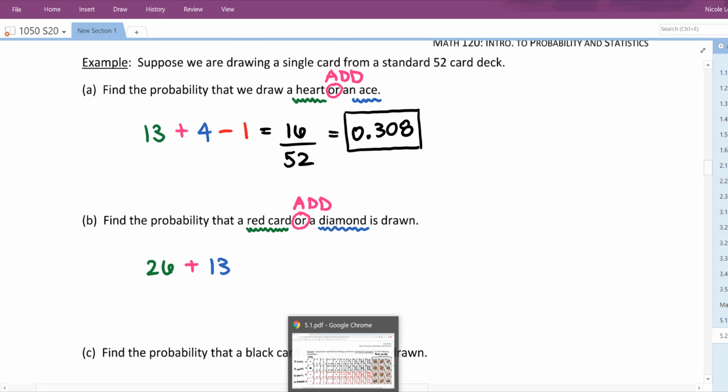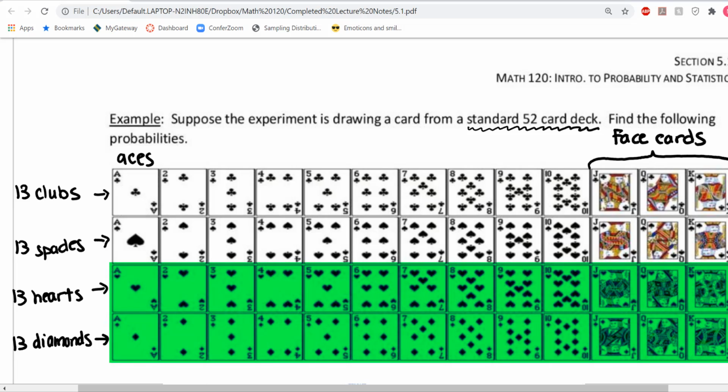If I go back to our picture, you can see that there is an overlap. There are cards that they have in common, and the cards that we double counted were actually those 13 diamonds. We counted those 13 diamonds with the red cards, and then we counted them again with the diamonds. Since I double counted those 13 diamonds, we actually have to subtract that out.